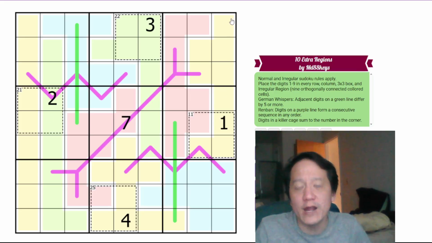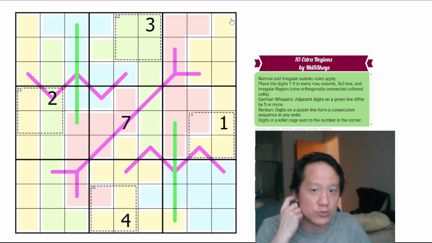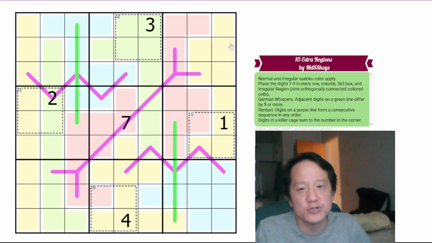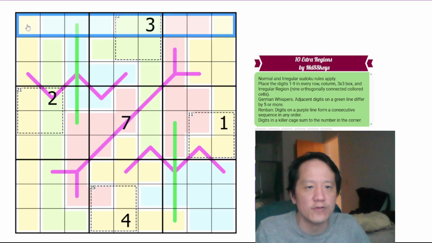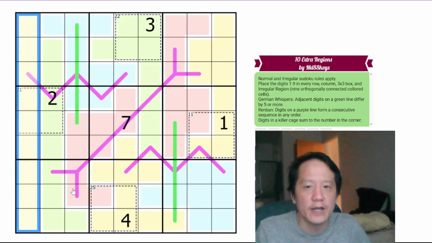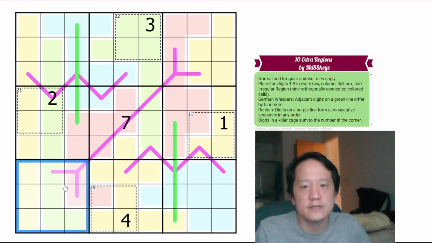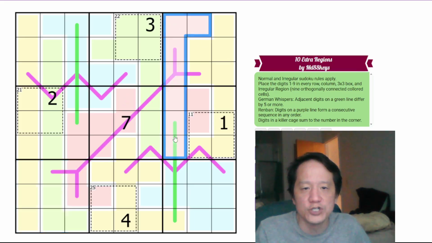Normal and irregular Sudoku rules apply. So for normal Sudoku rules, we must place the digits 1 through 9 in every row, column, and 3x3 box. And for the irregular part, we have to also place the digits 1 through 9 in every irregular region.